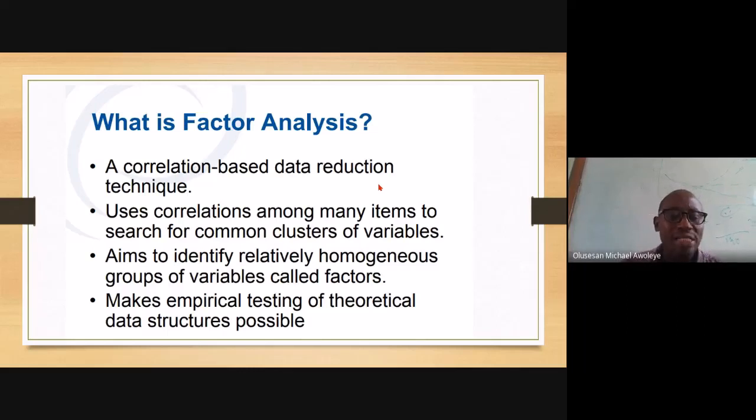So the aim is to identify relatively homogeneous groups of variables called factors. At the end of the day, factor analysis wants to assist you to get some sense from your items and then bring out salient factors. You know what we mean?